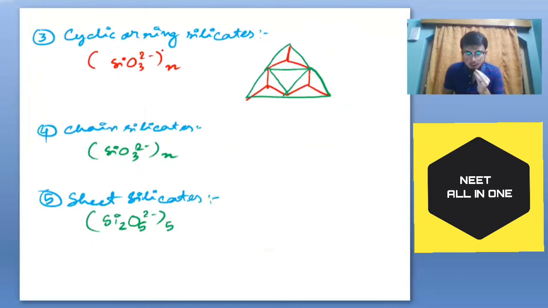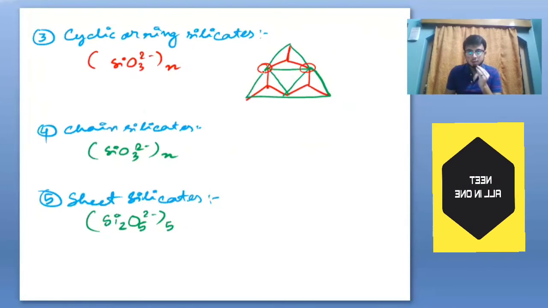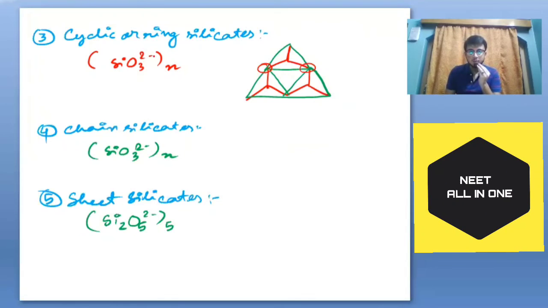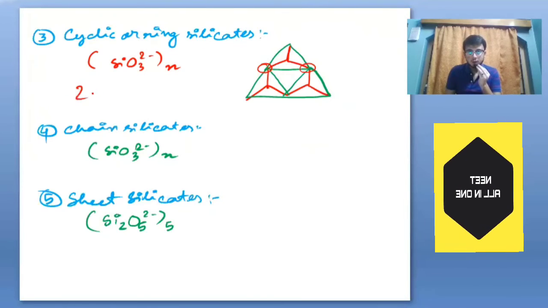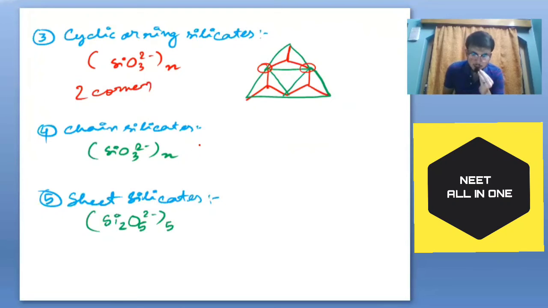Next is our cyclic or ring silicates. As you can see that one of the silicates is sharing two corners here, and its formula is (SiO3)n 2n-. Now you can put numbers in this n. Okay, so it is sharing two corners. Now our chain silicates.